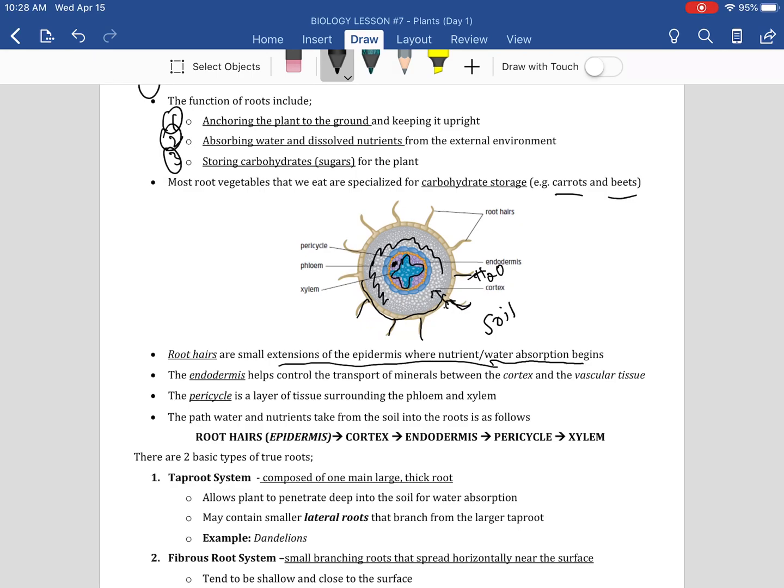It goes into the cortex, into the endodermis, which is that blue ring, past the pericycle, which is that orange ring, and then into the xylem, because we know the xylem is the tissue that is responsible for the uptake of water into the plant. All right, it goes up from the root to wherever it's needed, an organ such as the leaf. We know that the xylem is dead, so therefore it doesn't absorb any of the water to do this task.